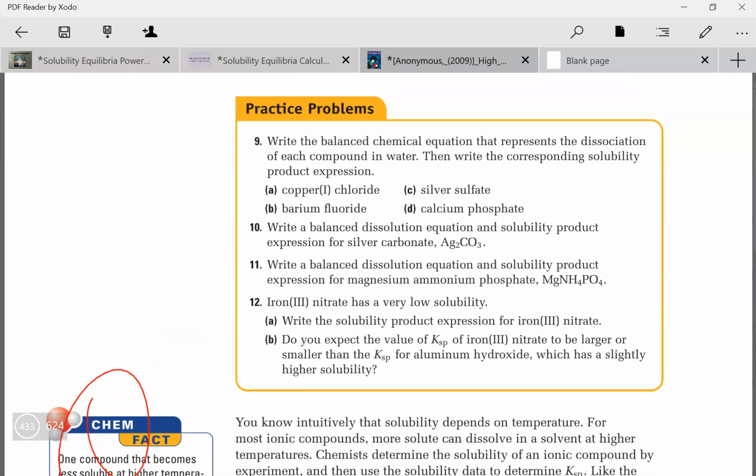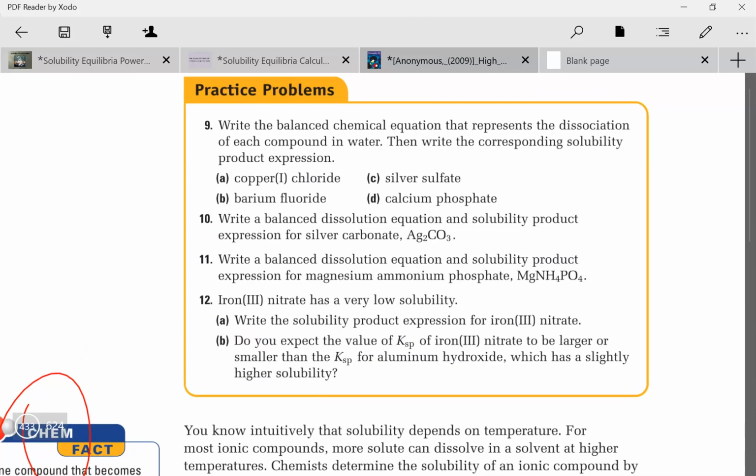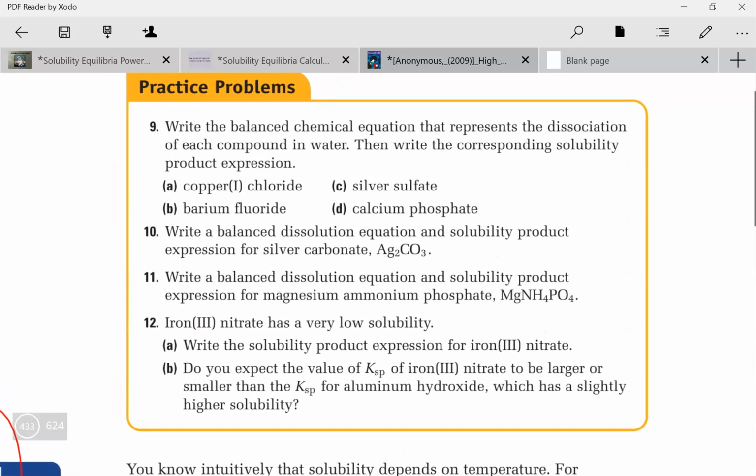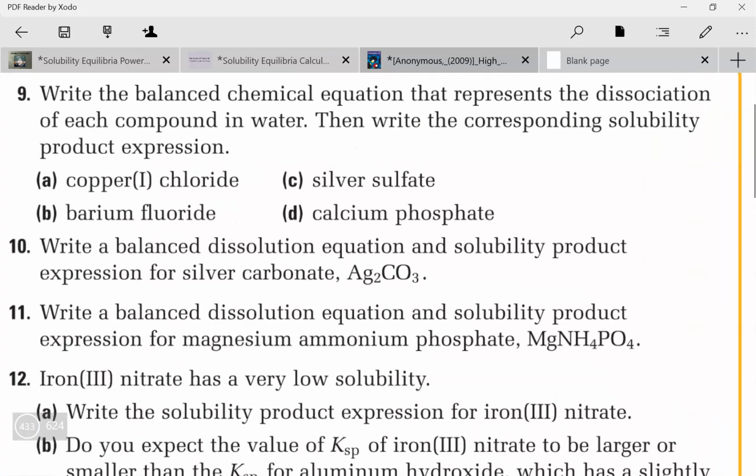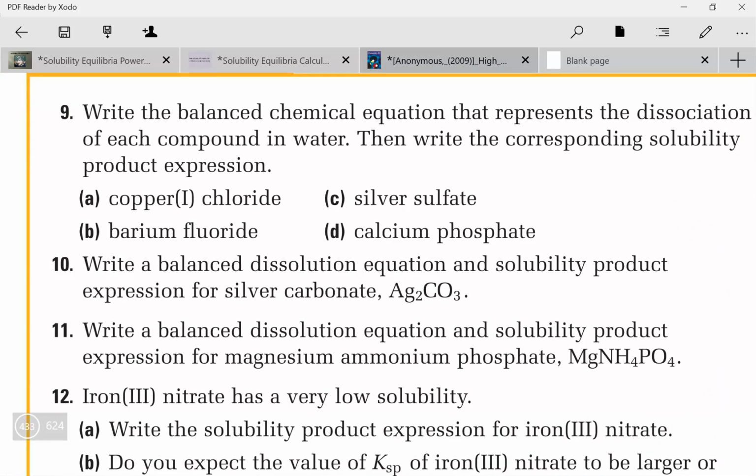Okay, so this is the homework on page 432. Write a balanced chemical equation that represents the dissociation of this in water. So I'm hoping we're all reasonably okay with writing balanced equations. Copper chloride is CuCl.